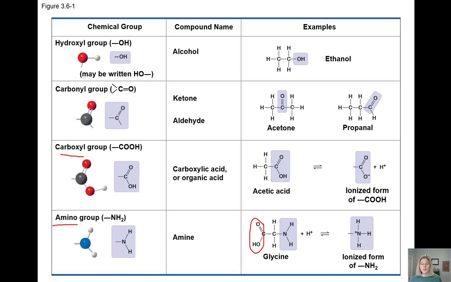This is a type of amino acid, and here's the amino group, and then there's that carboxyl group to make it an acid. Because of the carboxyl group, it has the ability to ionize and release that extra hydrogen, so we end up with that ability to dissolve in the water and so forth. So that's the amine group.